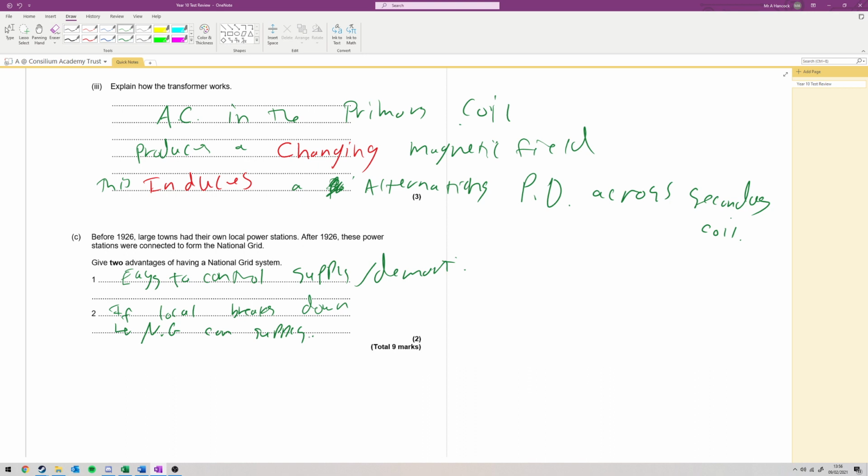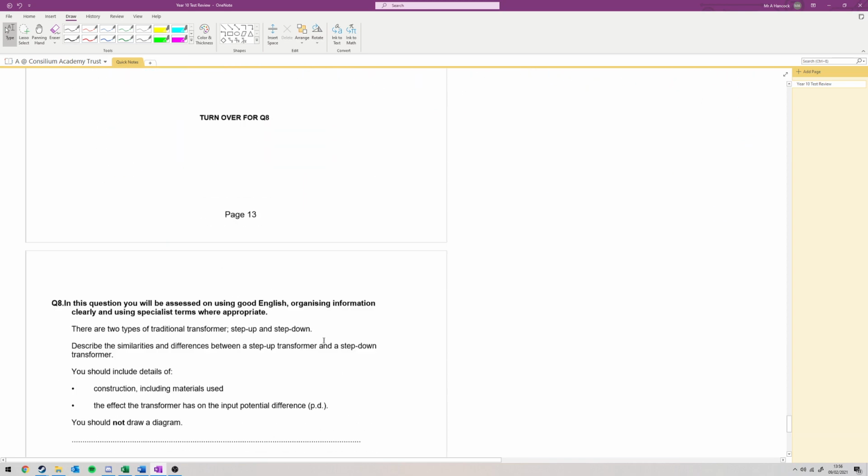You could have said that fewer power stations are needed. Somebody even said that having the power stations away from rural areas, towns and cities means there's less pollution, which isn't in the mark scheme, but it's a good answer, so I gave the mark for that.